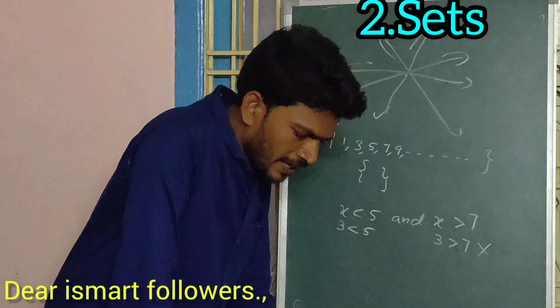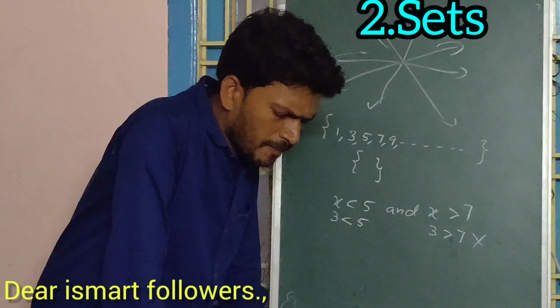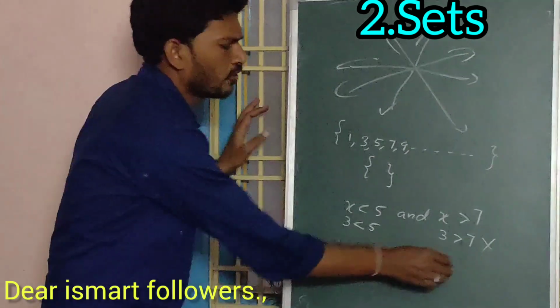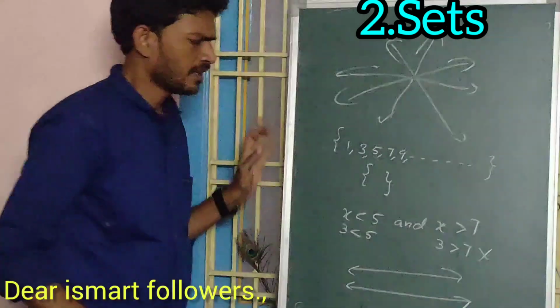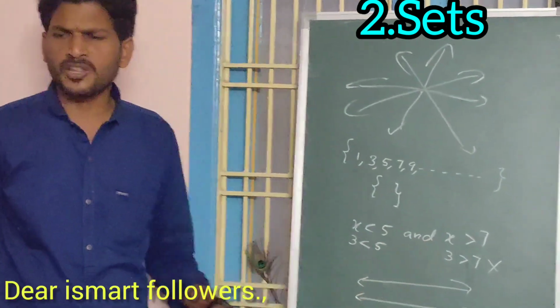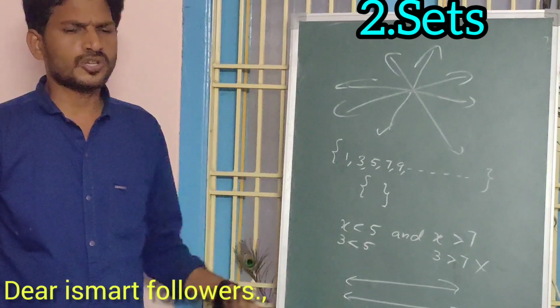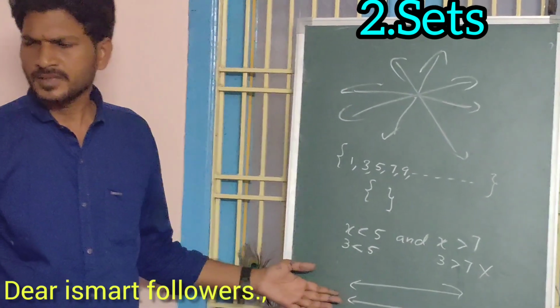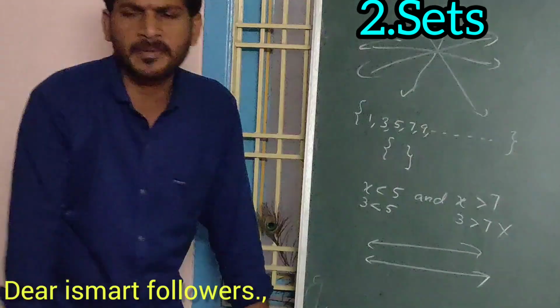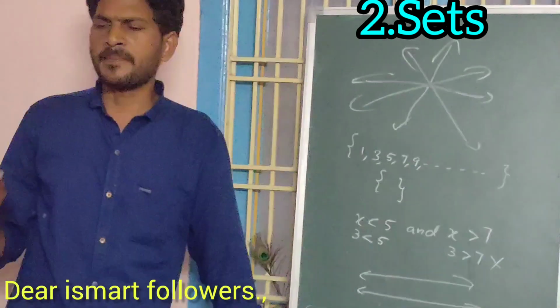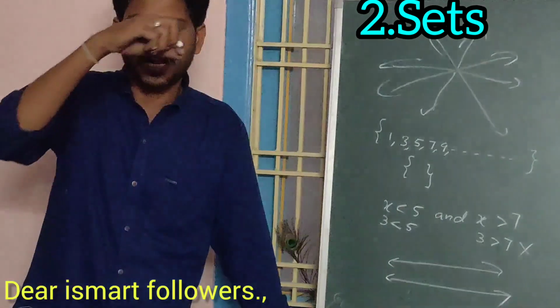Next: x is a common point to any two parallel lines. Do you know about parallel lines? Yes, sir. These two lines are called parallel lines. Do they have any common point? No, sir. So that's why this is called an empty set. Next, set of even prime numbers: numbers which are even and also prime.